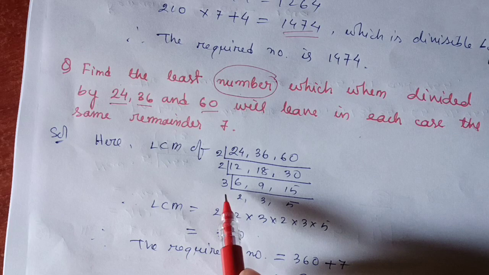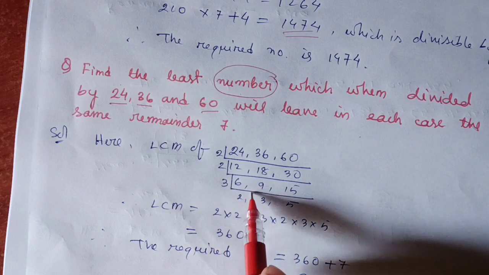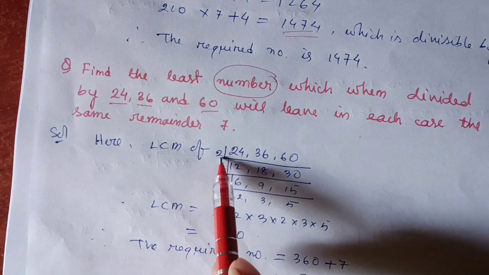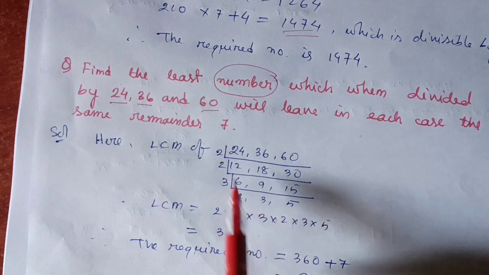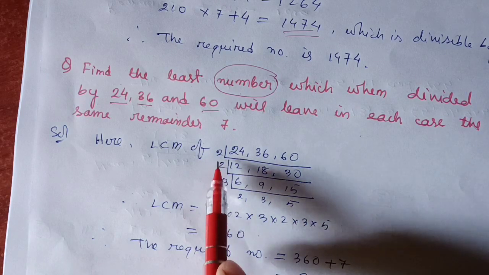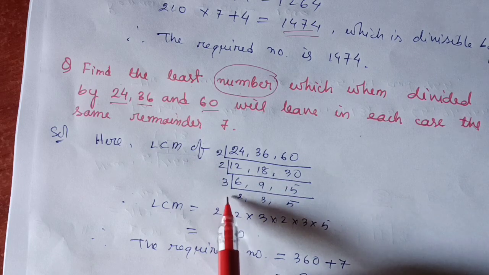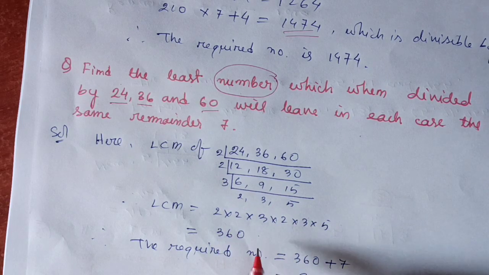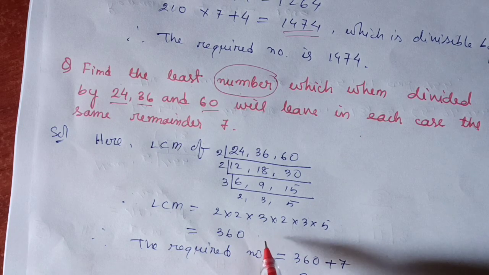That is why the next number we should start with is 3. 3 2s are 6, 3 3s are 9, 3 5s are 15. Now our LCM is finished. So after we do prime factorization, we get 2 into 2 into 3 and so on up to 5. So when we multiply this, we get 360.